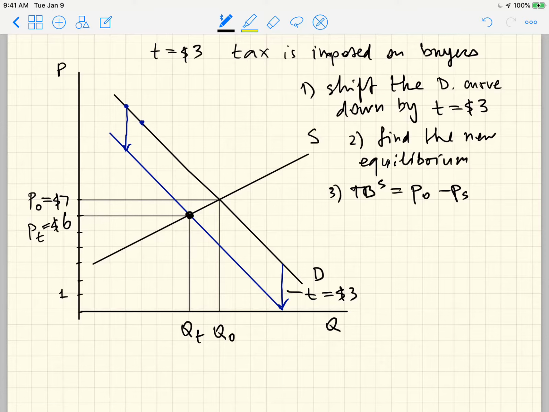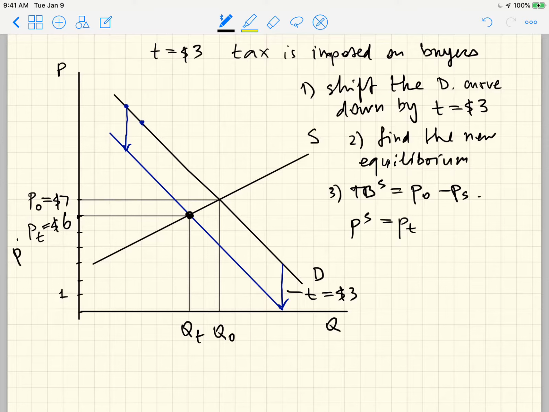Now PS. What is PS? PS is the amount of money received by sellers. And simply put, it's just PT, right? Because that's what they get. And that's it for them. They're not paying any taxes.